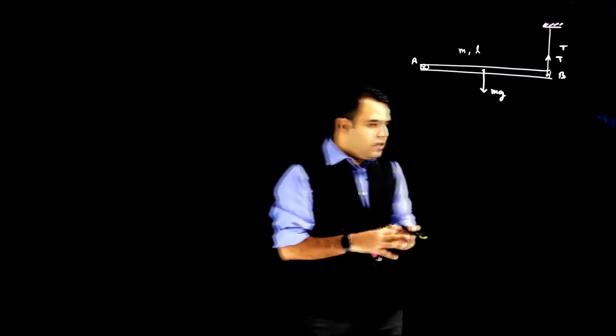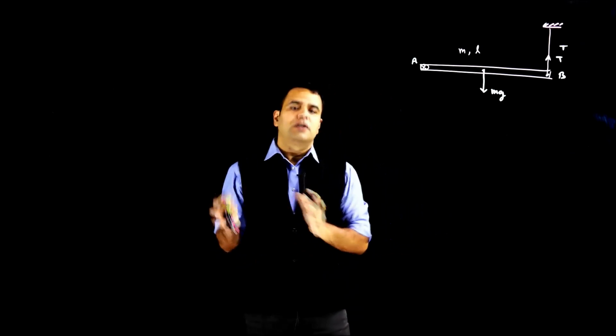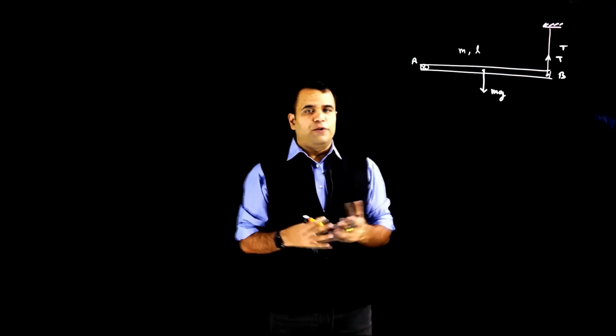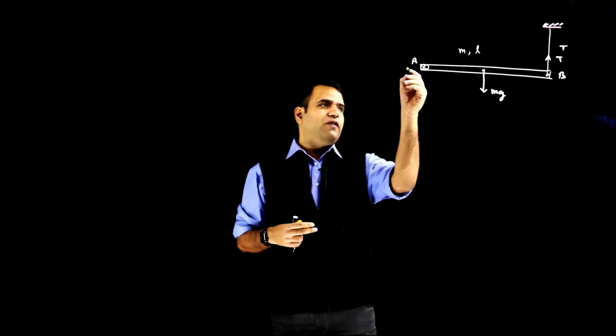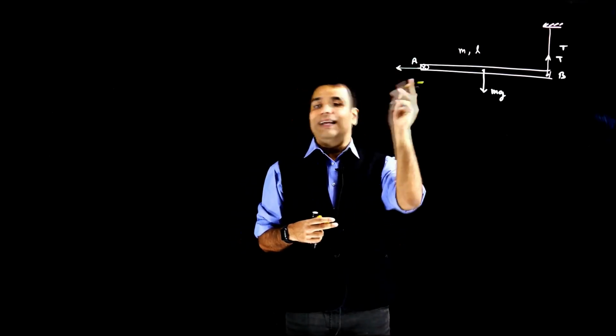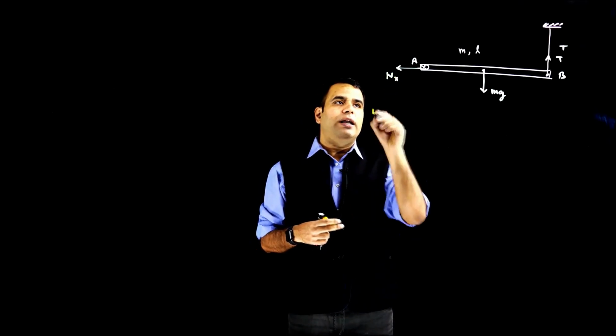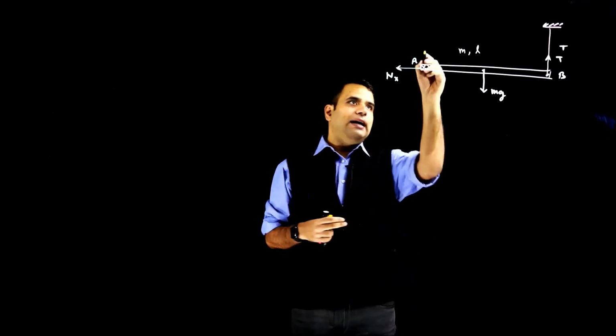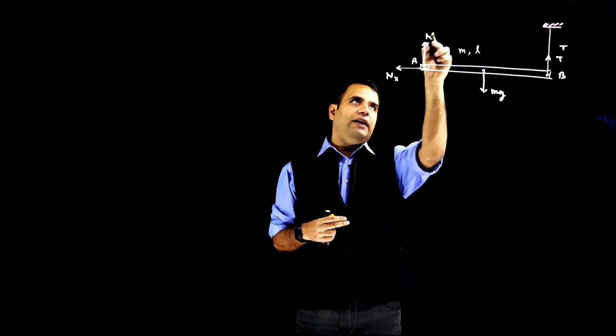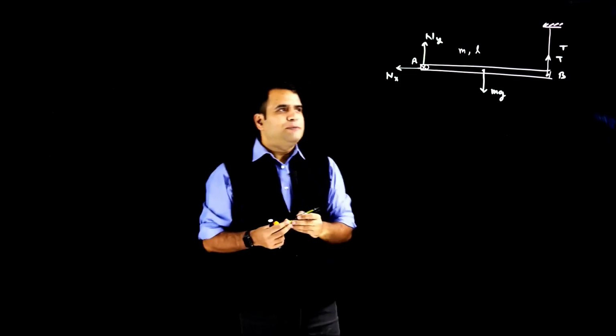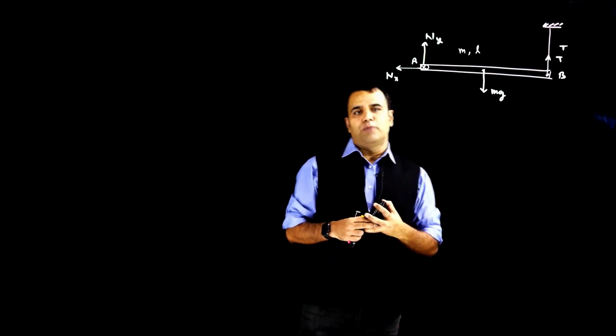If you remember, whenever there is a force for which the direction is not known, we divide that force into 2 components. So I'm calling this reaction force N. I'll divide it into 2 components, one I'll call Nx, and the other I'll call Ny. And if you can see, I have taken very specific directions for these 2 components.